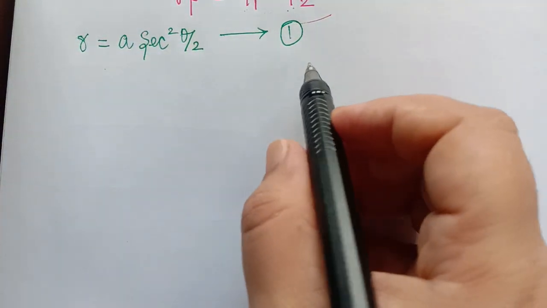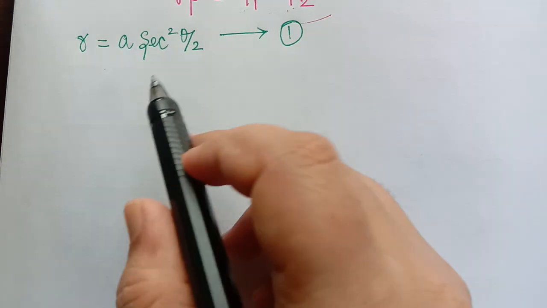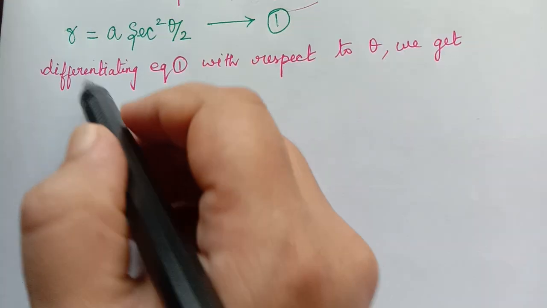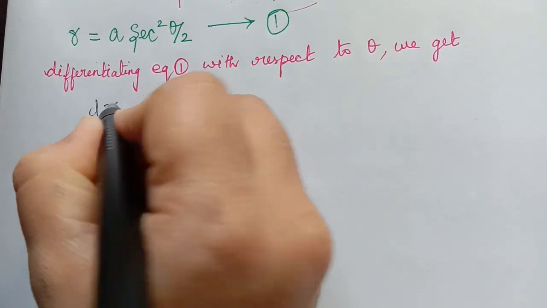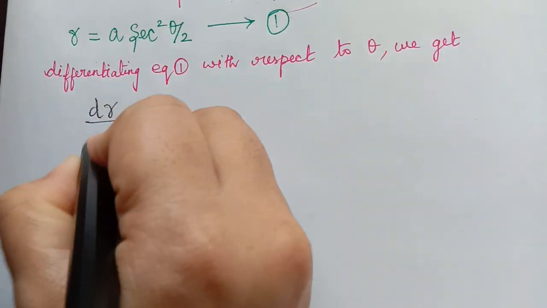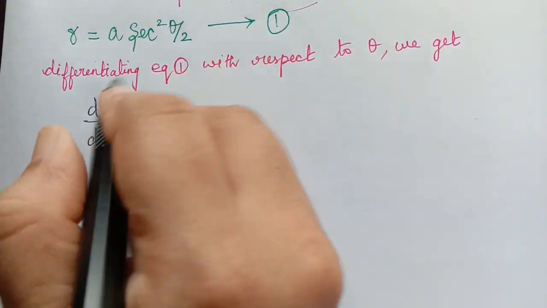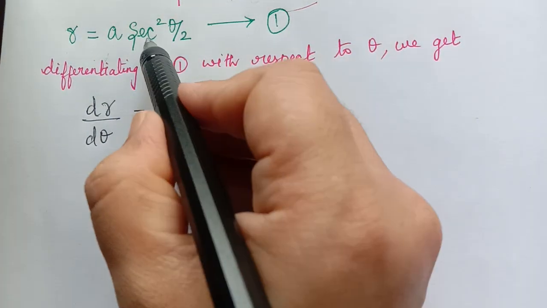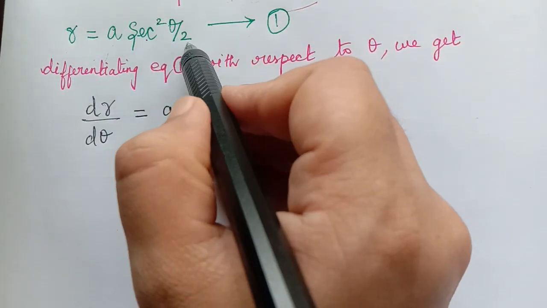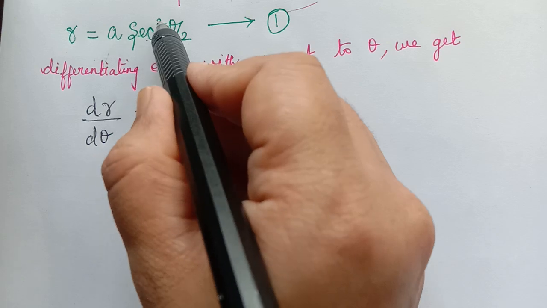Now differentiating equation 1 with respect to θ, dr/dθ is equal to, a is a constant, so a multiplied with the derivative of sec²(θ/2).